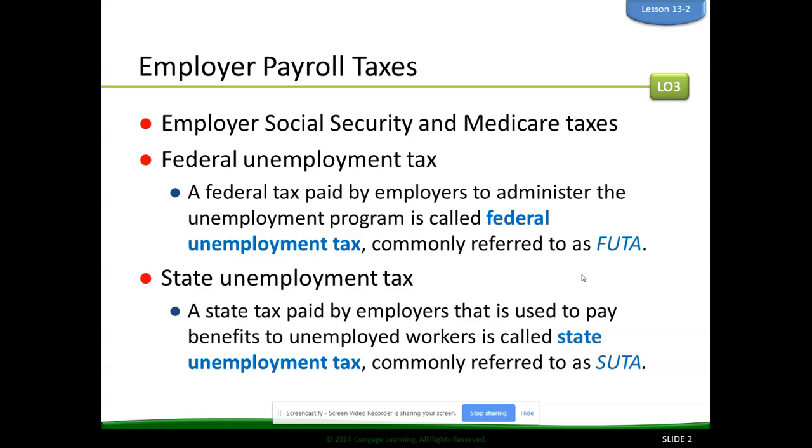And then employers also have to pay federal unemployment and state unemployment taxes, which with the way things are going right now, are going to become a big deal. A lot of people may be needing to utilize those unemployment compensations. So those are things that employers are paying, not employees.